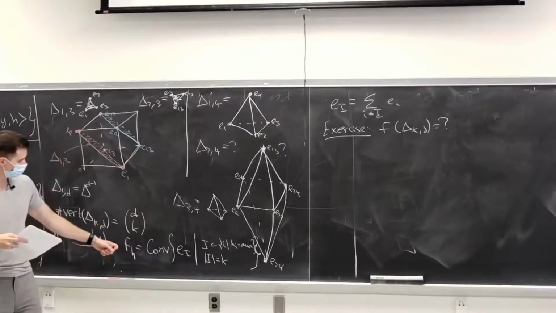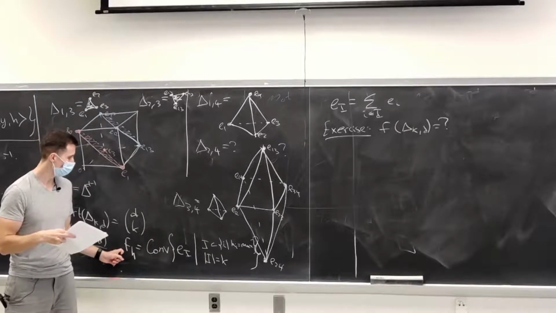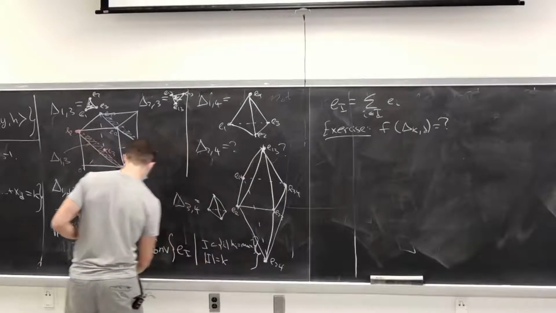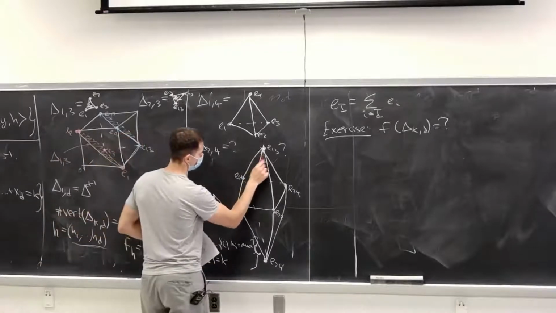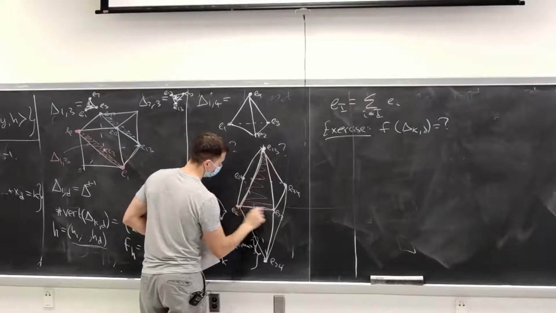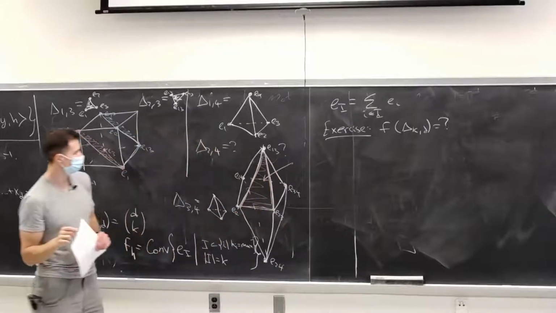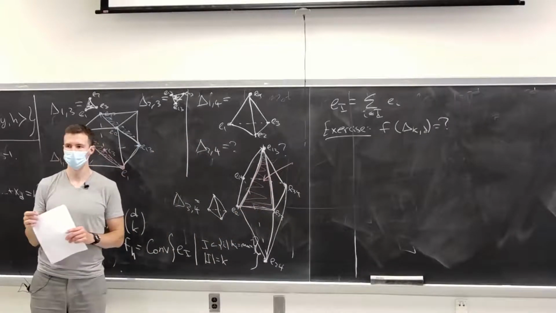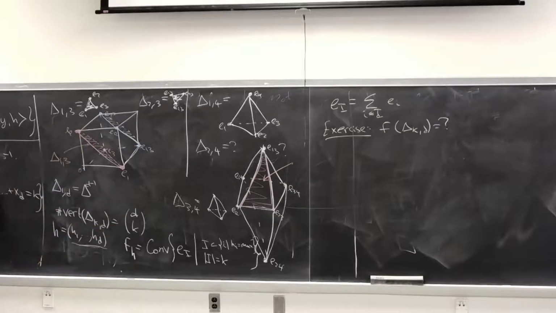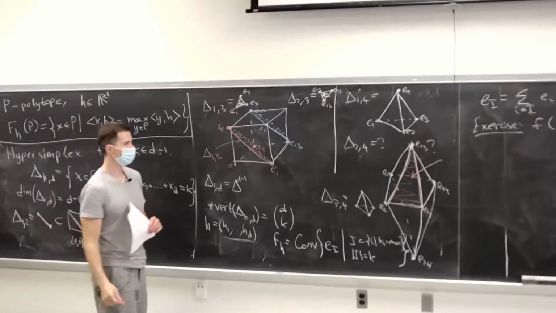This describes arbitrary faces of the hypersimplex. So what is the equation for, let's say, this face here? In terms of the x coordinates, what describes this?